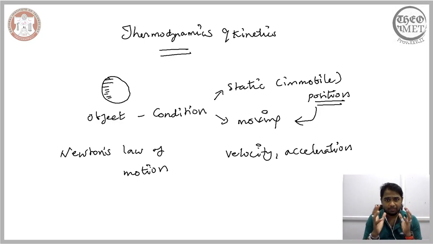But there was still one other theoretical aspect that was not largely associated with Newton's laws of motion. Newton's laws of motion dealt with an object in a specific condition. It dealt with how we can describe this condition, and how, in a given condition, we can play around with the object and still predict where this object will be at a given point of time.